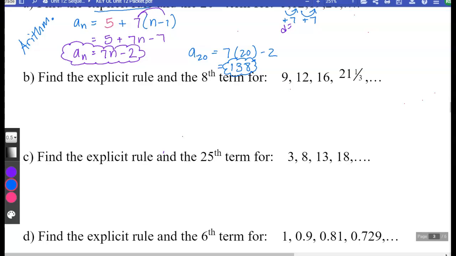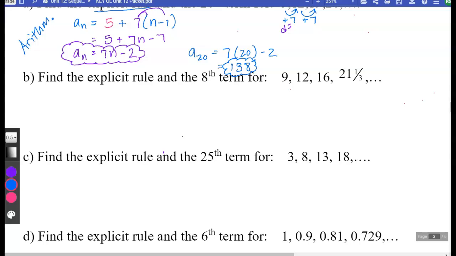Let me ask you this: are you adding or subtracting by the same amount every time? Like to go from 9 to 12, I'm adding 3. But to go from 12 to 16, I'm adding 4. So this is not arithmetic. I'm not adding by the same amount.